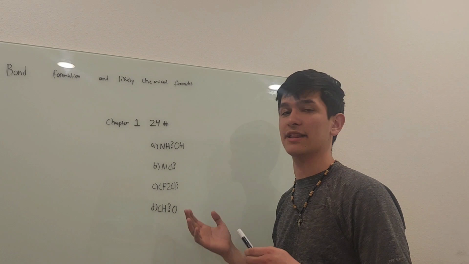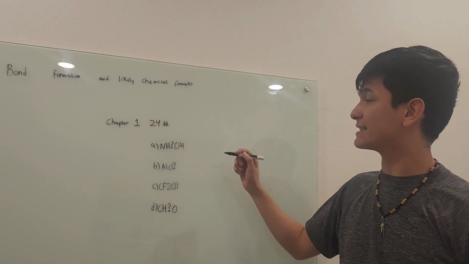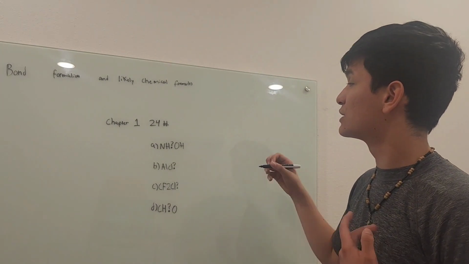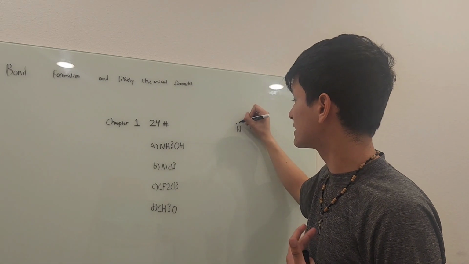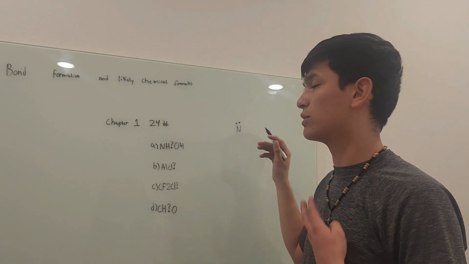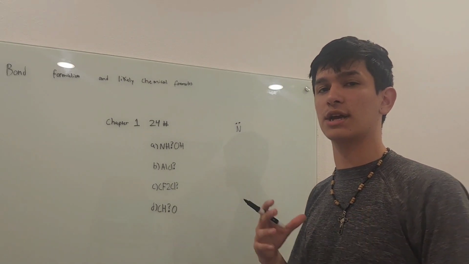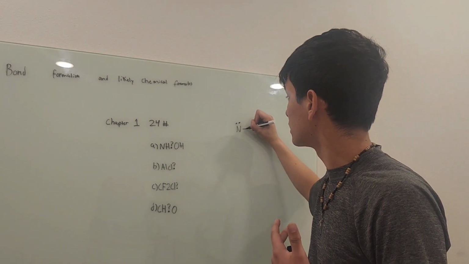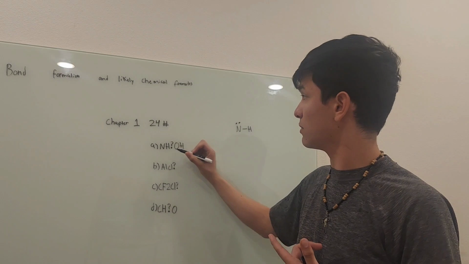So now that we've said that, we go to problem 24 in chapter 1. It's asking us to guess the likely chemical formulas, right? What we can do to write them out, it comes with experience, right? You don't have to always write the Lewis dot structure, but whenever you're getting used to it, if you need to work a little bit more, you can always write the Lewis dot structure, right? So it says that it makes at least a hydrogen bond, right?